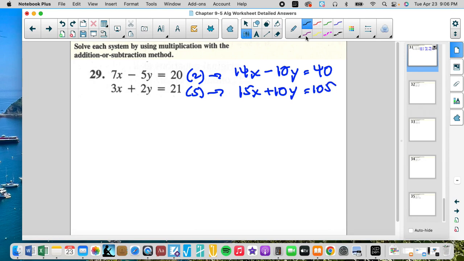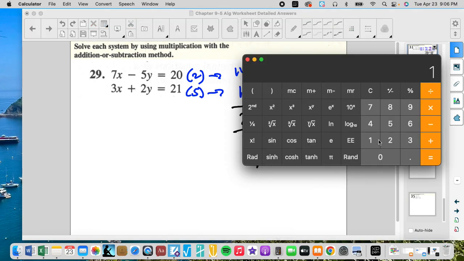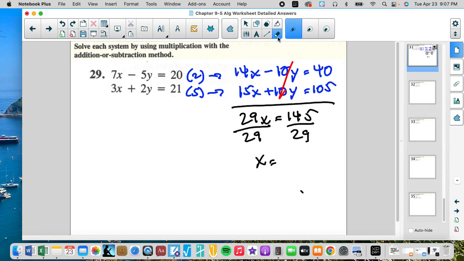Had to do the math. Cancel. 29x equals 145. Divide by 29. X equals 5.